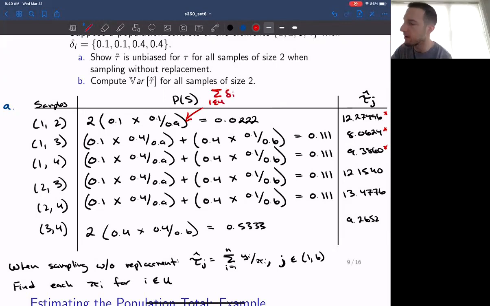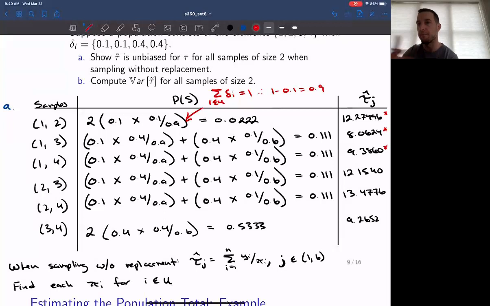Okay, so the sum of the delta i across all values in the frame is equal to 1. Okay, so therefore the 0.9 is 1 minus the 0.1, which is the probability that is removed when you take out the first sample. And that's the same idea with the 0.6 here. So this is 1 minus the 0.4, which is from the first element that's taken out. Yeah, exactly. Does that make sense?